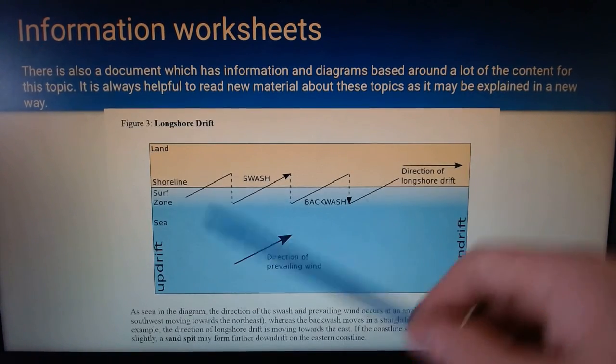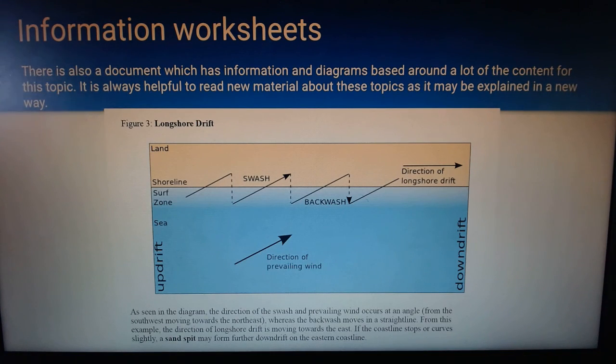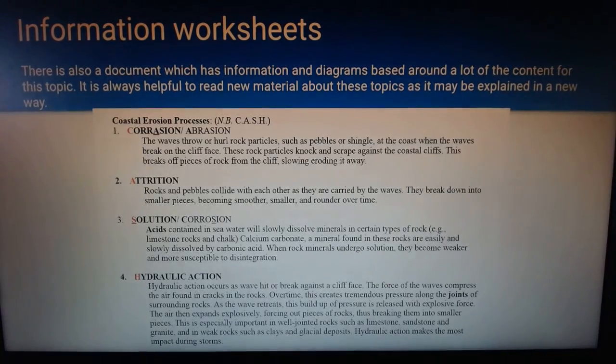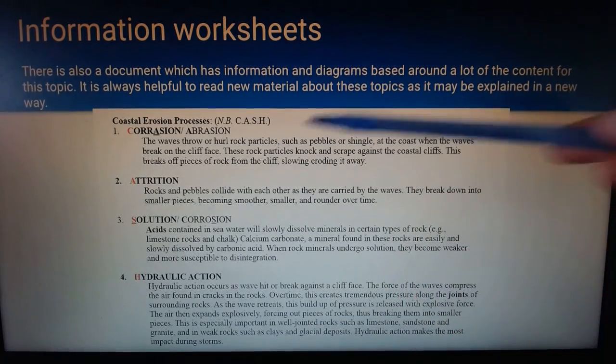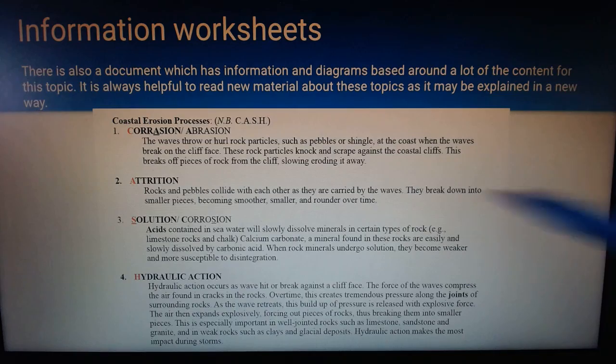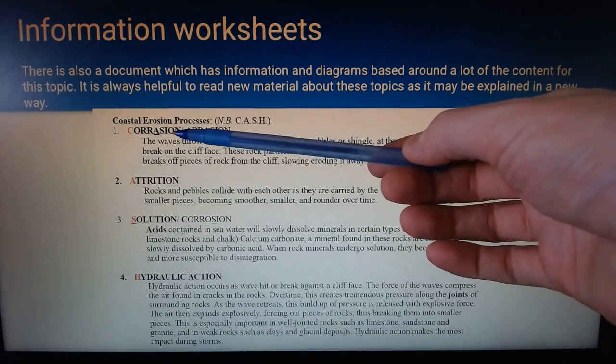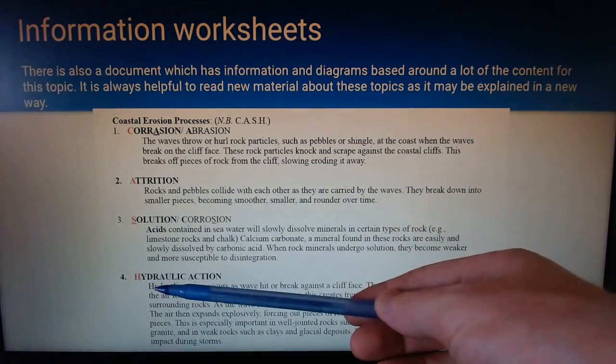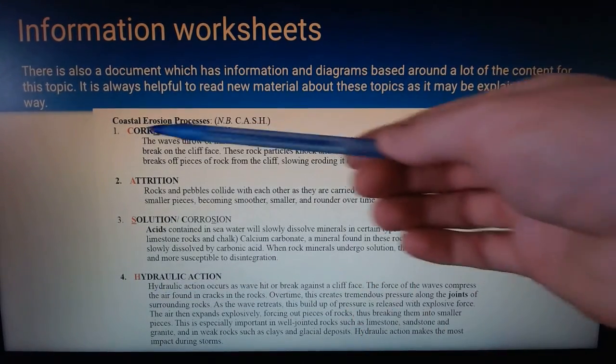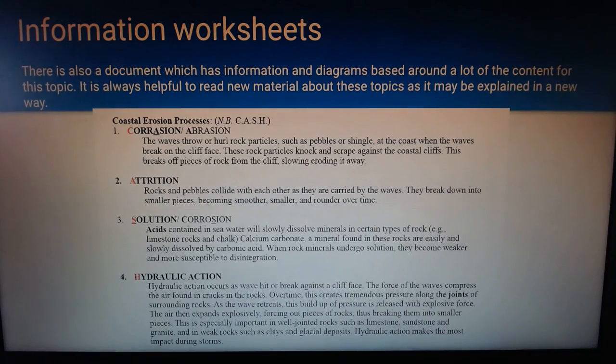It's got another diagram of longshore drift with an explanation, and it goes through the 4 types of coastal erosion. It's even got a little thing to help you remember: corrosion, attrition, solution, hydraulic action. So CASH.